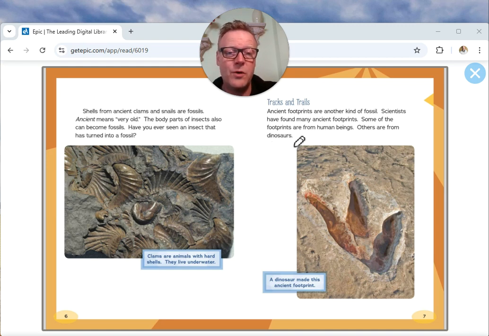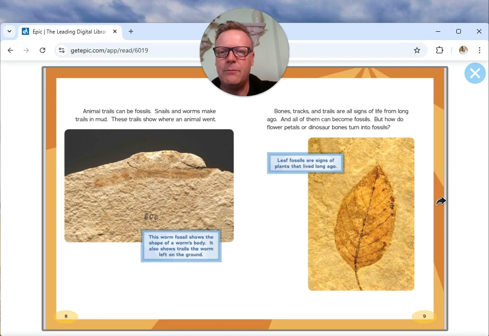So, really cool. What is a footprint? A footprint is just a mark that someone's foot or feet have made in the mud at the time, and they've been fossilized. Pretty cool stuff. Animal trails can also be fossils.